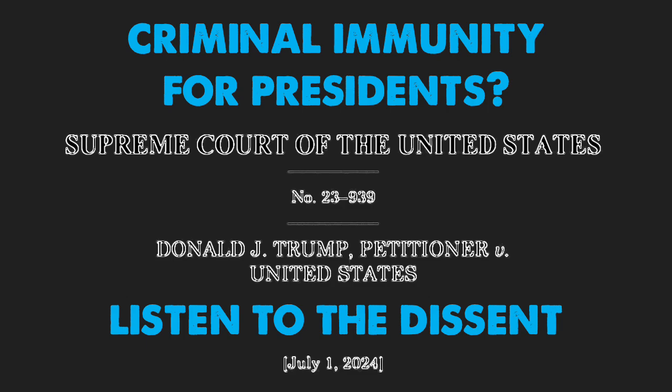On the majority's view, but not Trump's, a former president whose abuse of power was so egregious and so offensive even to members of his own party that he was impeached in the House and convicted in the Senate, still would be entitled to at least presumptive criminal immunity for those acts.